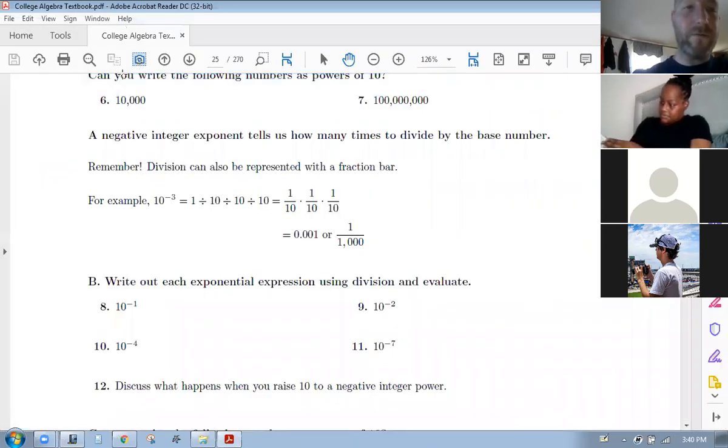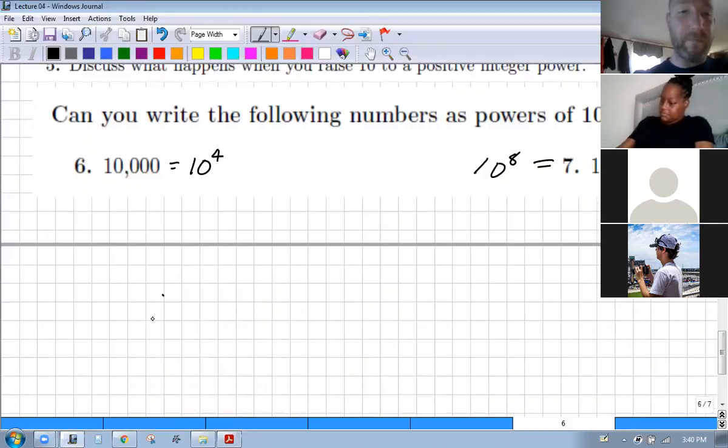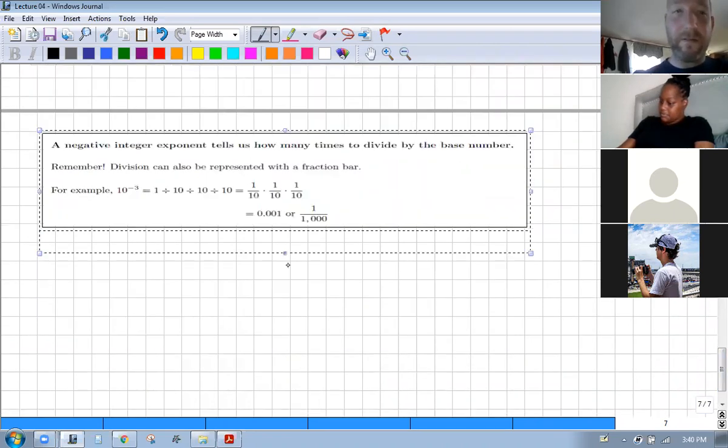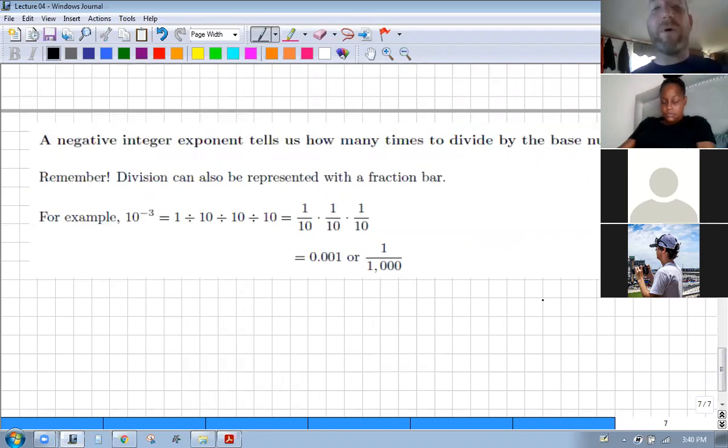All right, now for negative exponents. So if a positive exponent tells you to multiply that number over and over again, a negative exponent tells you to divide over and over again.